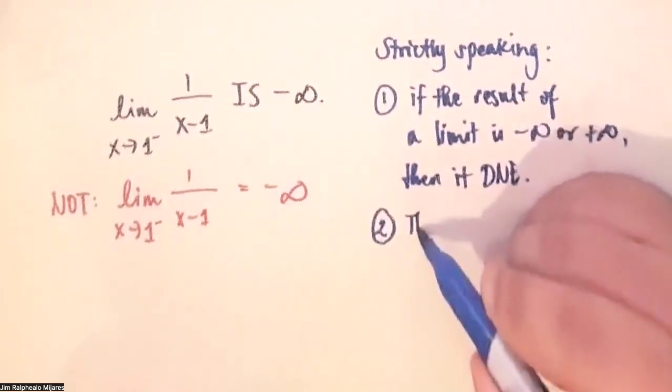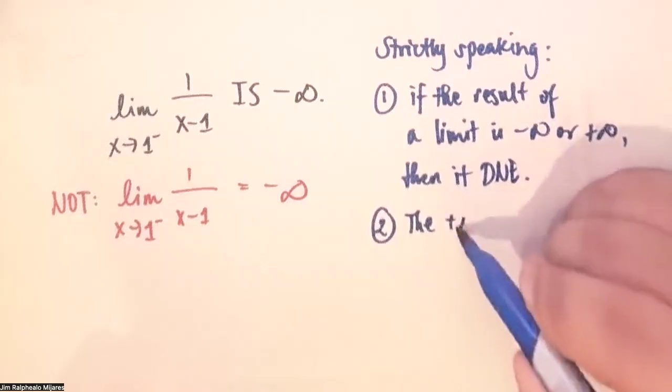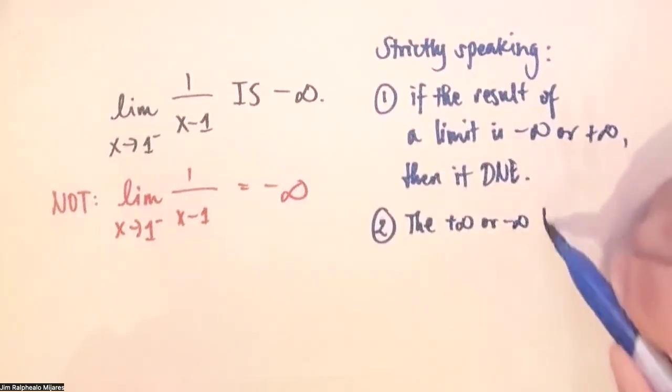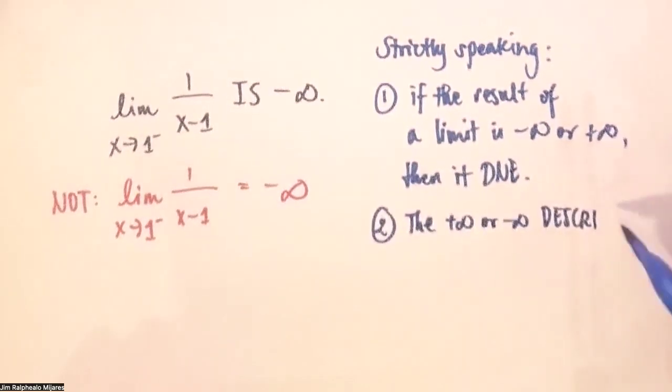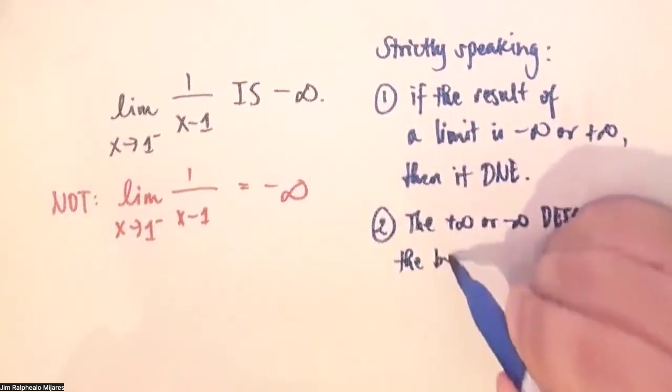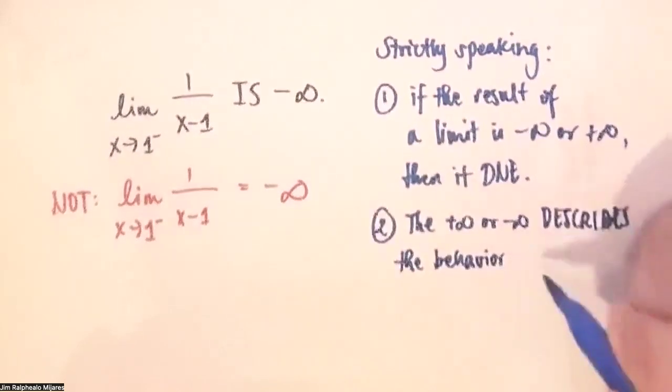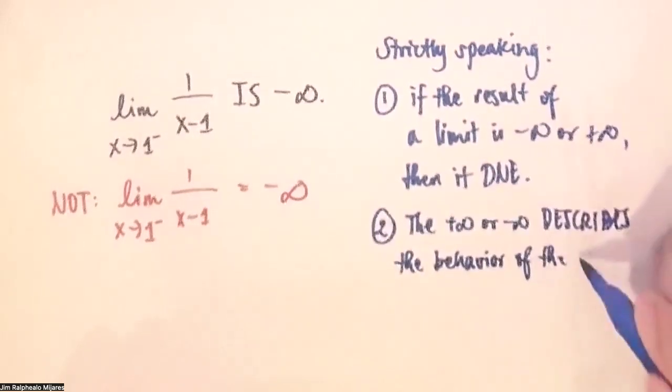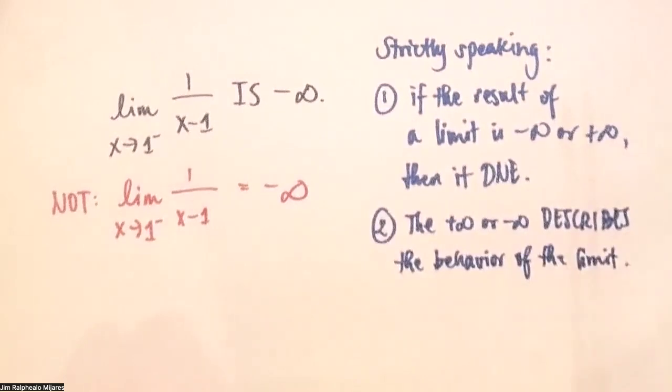Two, the infinities there describe the behavior of the limit, whether it increases without bound or decreases without bound. So if it's positive infinity, it increases without bound.